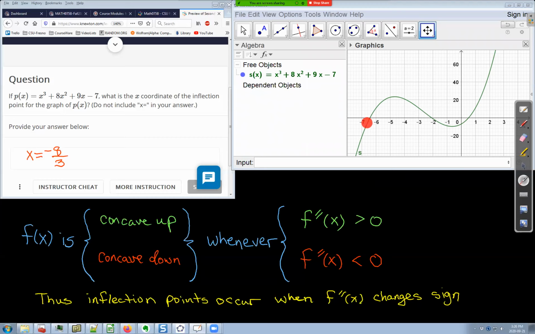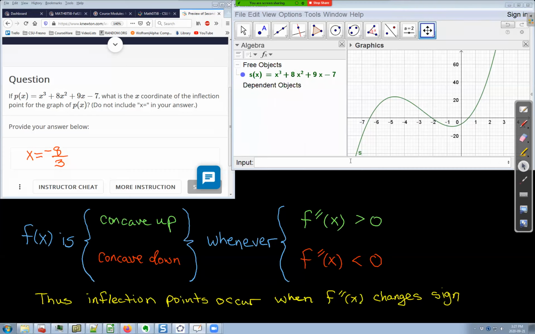It looks like the graph is frowning until maybe around -3. And then it's smiling. So it looks like we have an inflection point near x is -3. And if I look at my answer, -8/3, that's about -3. So our answer does seem to agree with what I'm seeing here.